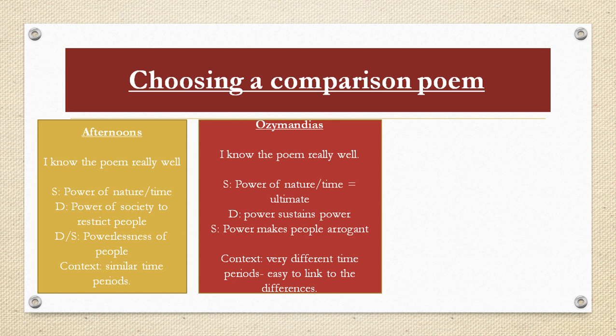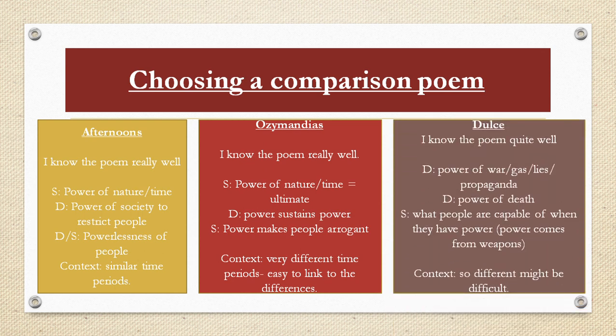And my third potential option is Dulce. Yes, I do know the poem, but I haven't taught it this year so far, so it wouldn't be as strong in my thoughts as Ozymandias and Afternoons, which I have obviously taught you. Differences: the power of war, gas, lies, propaganda in Dulce aren't really considered in Hawk Roosting. We've also got the power of death in Dulce.